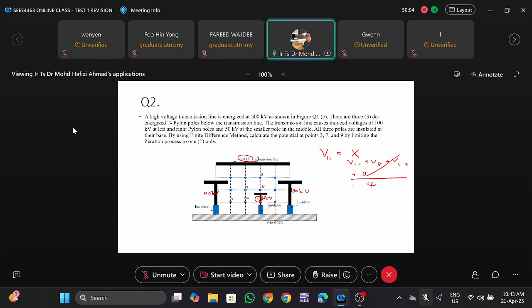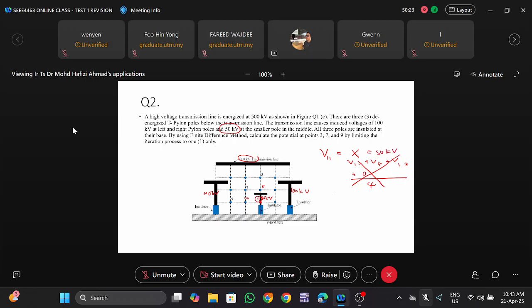You don't need to do this because you must see that this grid is already located on the poles, and the pole is already energized at 50 kV. So you must just write the answer 50 kV.